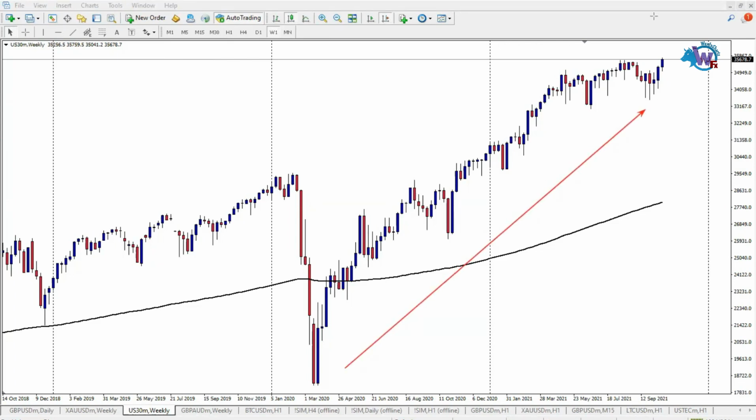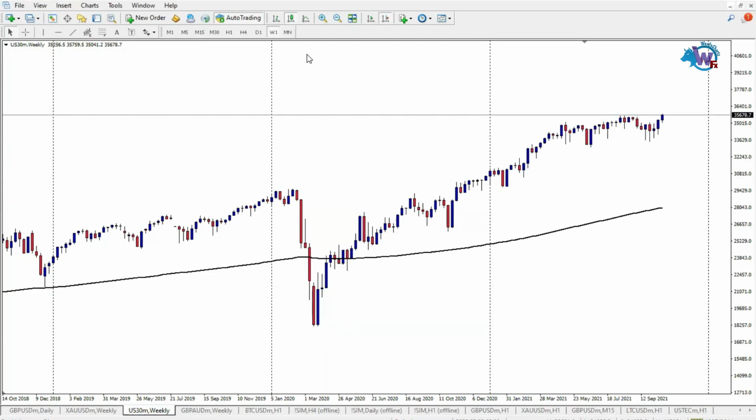The highs have been taken out and price has even eventually closed above it. So basically, I'll be expecting price to push higher on the US30. So what is going to be our target?